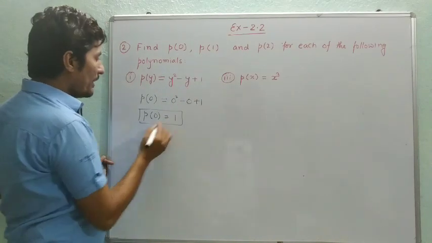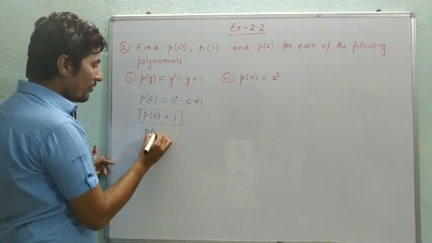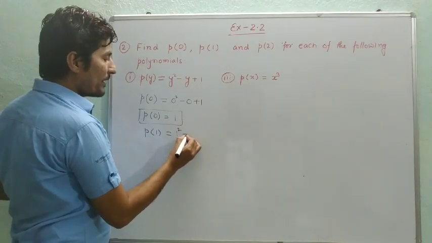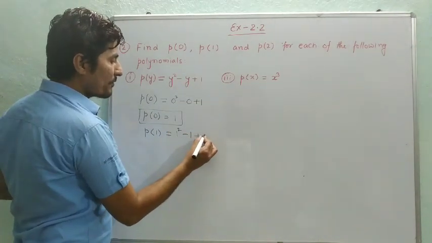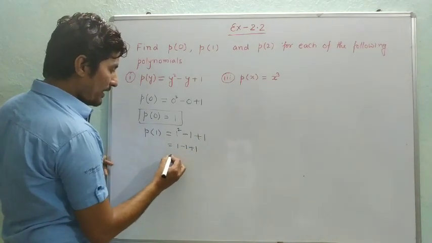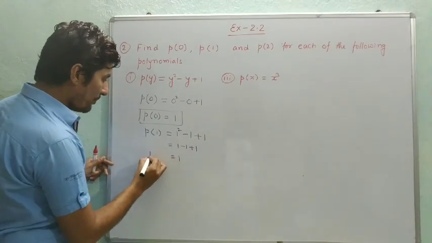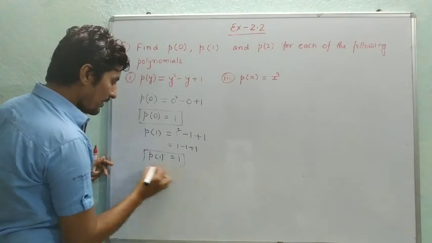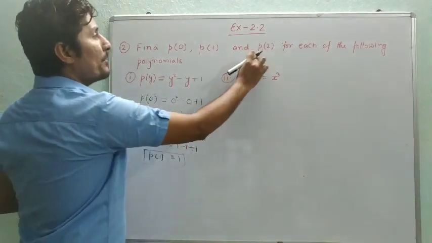Similarly, we have to find the value of P(1). Now on the place of y, we place 1. 1 square minus 1 plus 1. So here we can write 1 minus 1 plus 1 and finally we have 1. So P(1) is equal to 1. Next value is P(2).